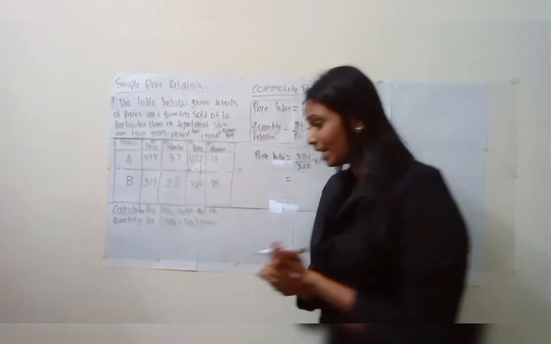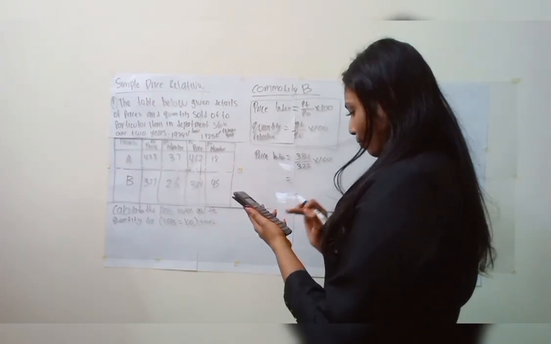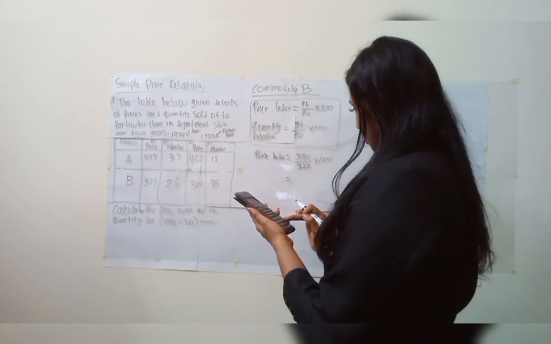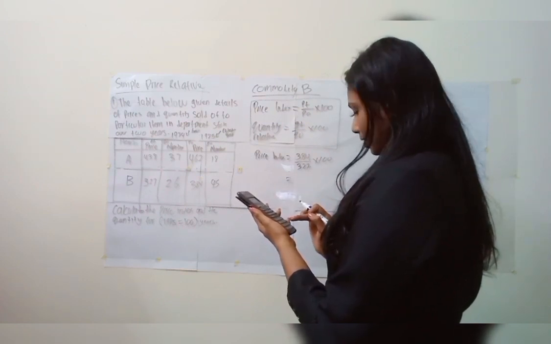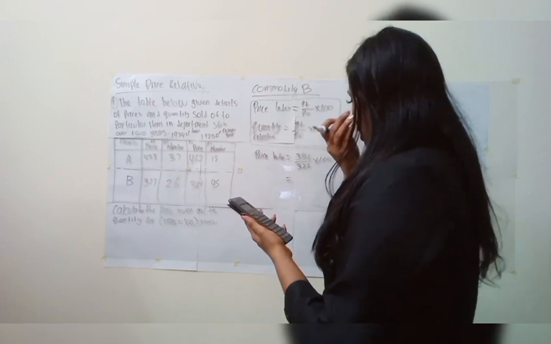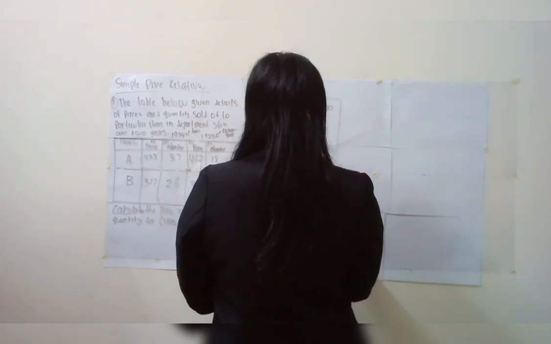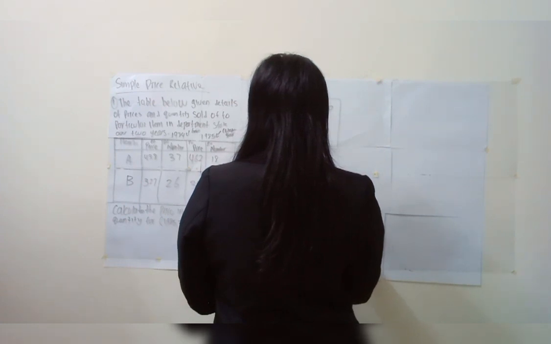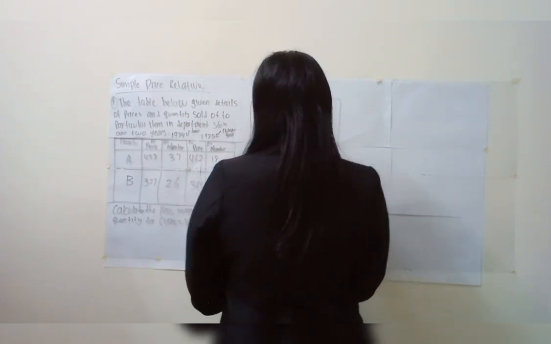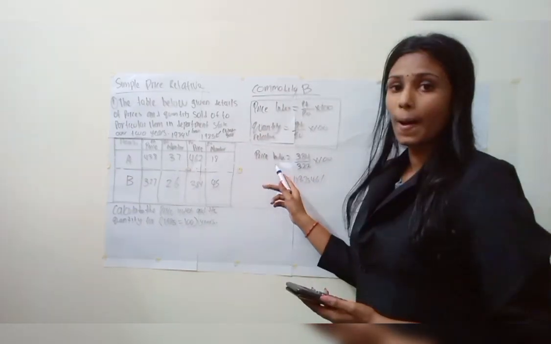Let's calculate: 384 divided by 327 times 100. The answer is 1192546%. So this is our answer for price index.